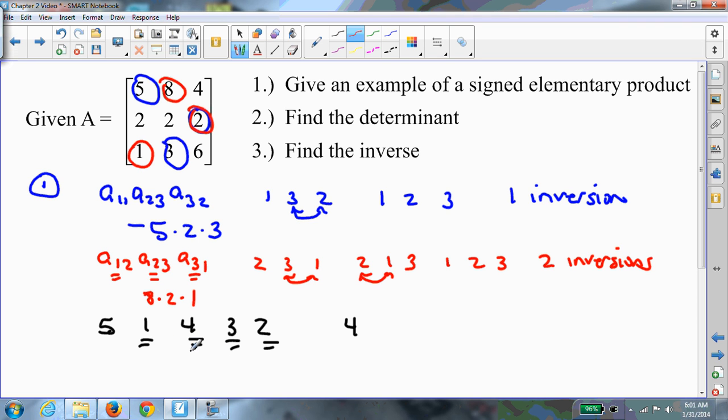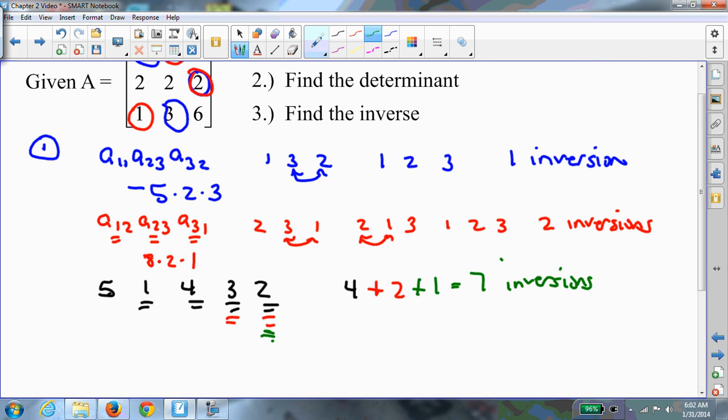If I look at the number 4, I have 3 and 2, so plus 2 inversions for the number 4. And then 3, I have 1, so plus 1. So this would have a total of 7 inversions. And consequently, whatever product was generated from these elements would have a negative value. So that's an example of a signed elementary product.